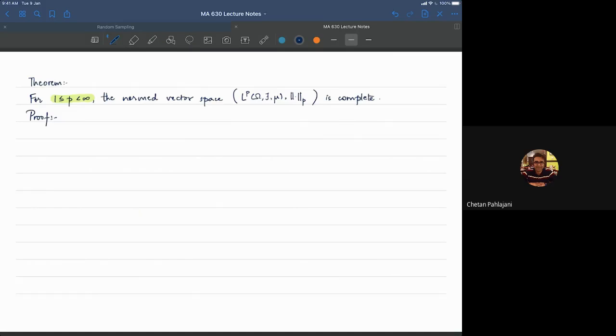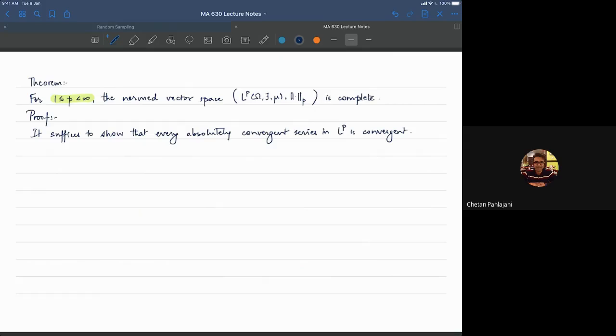It suffices to show that every absolutely convergent series in L^p is convergent. This is based on the theorem that we stated, but did not prove.